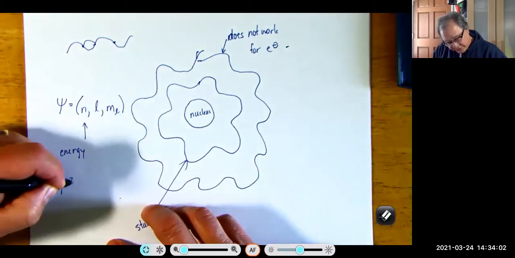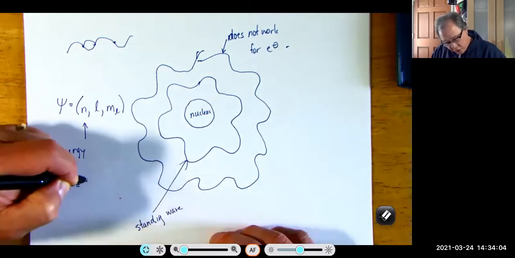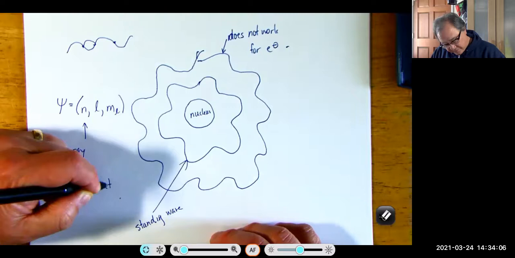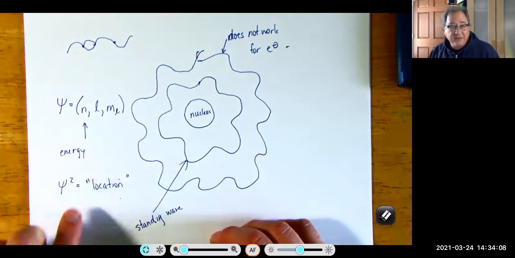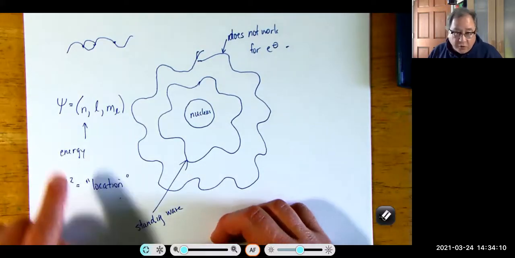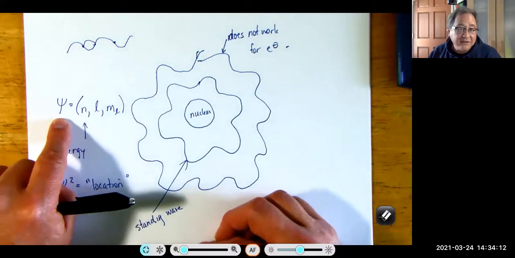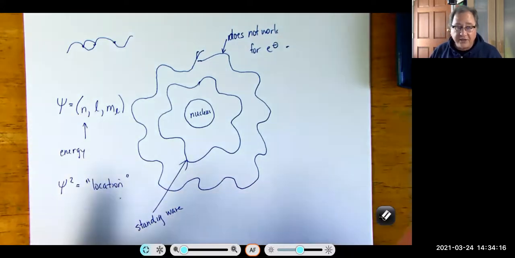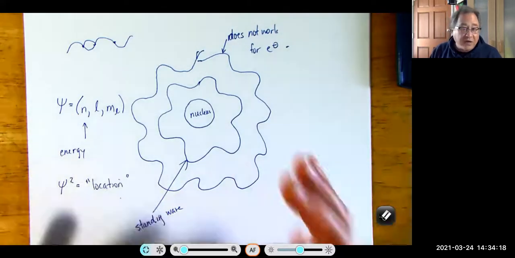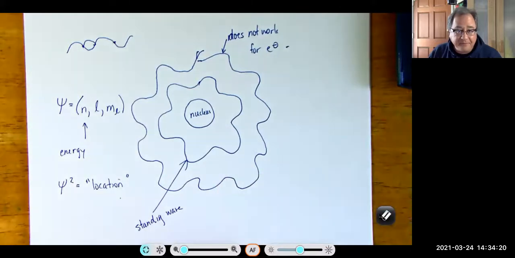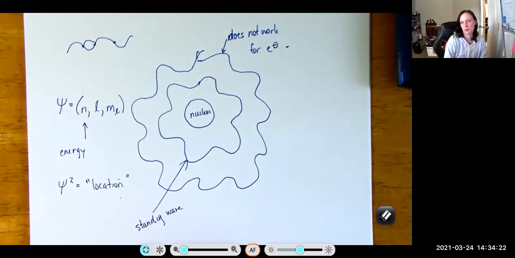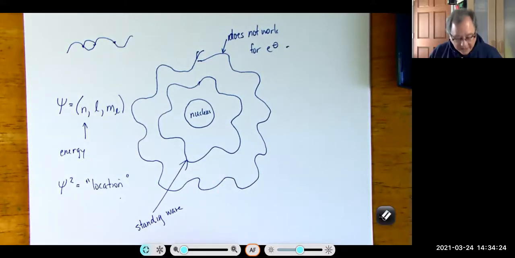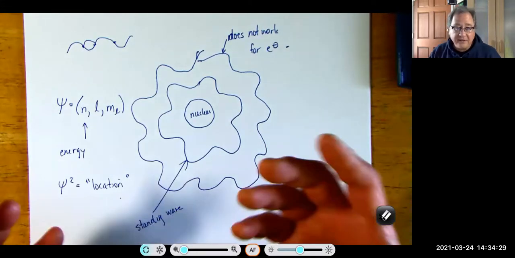This gives you the location. So this pitchfork is called psi. Psi gives you the energy. Psi squared gives you the location. And when I say energy, energy of what? The electron. Correct. And so location would be location of the electron.